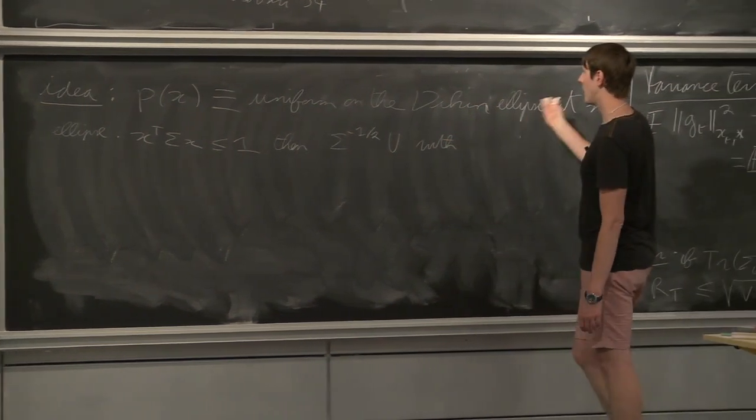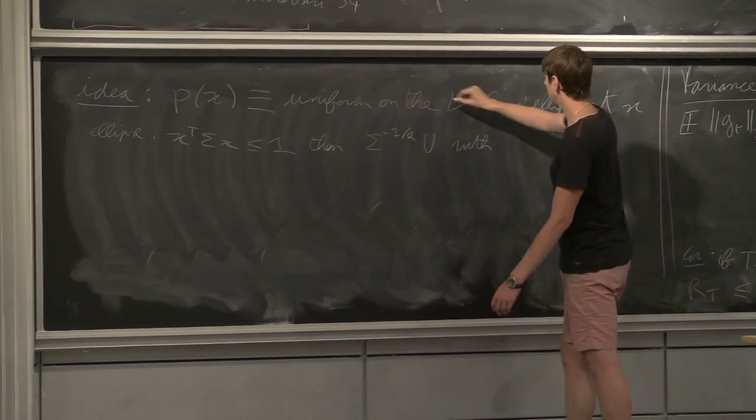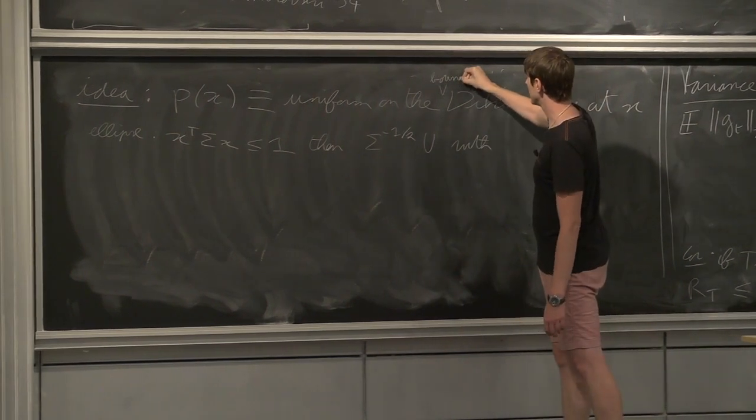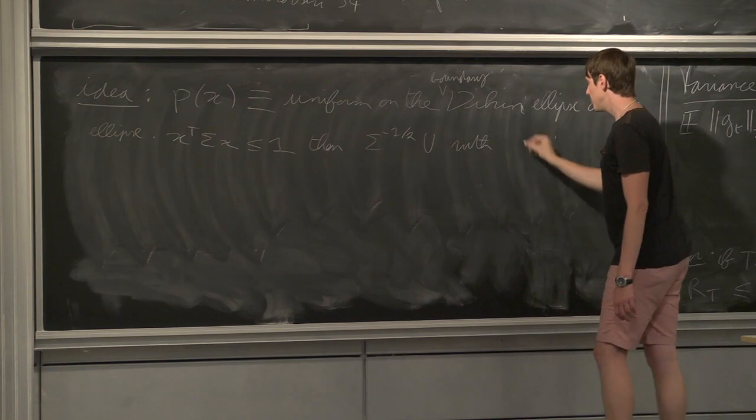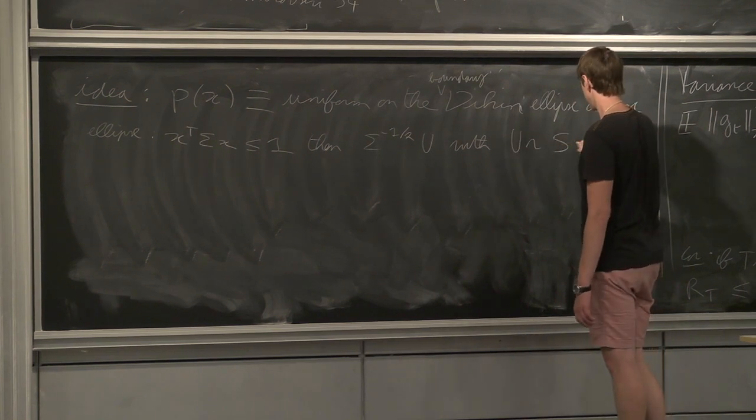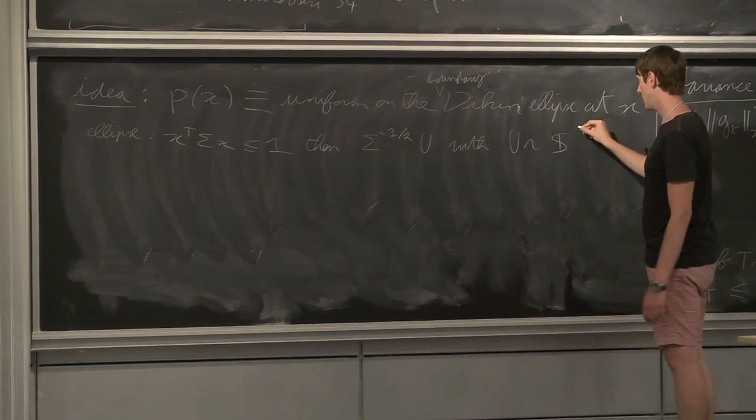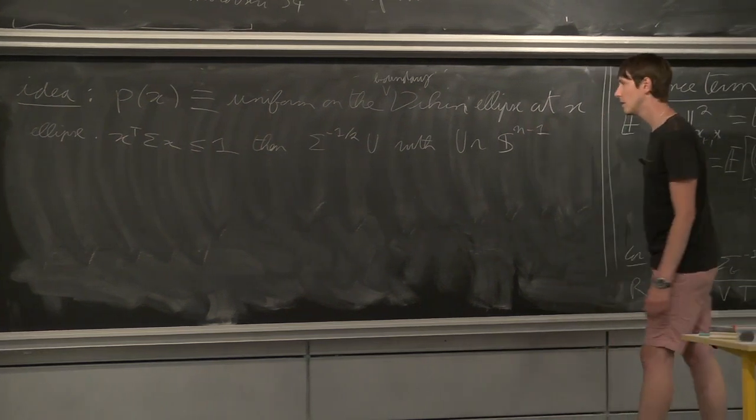Maybe I want to be on the boundary of the ellipse, uniform on the boundary. That will be a bit nicer. With u uniform from the sphere, n minus 1 dimensional.